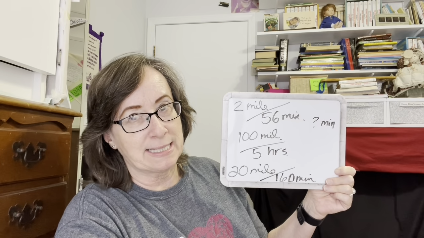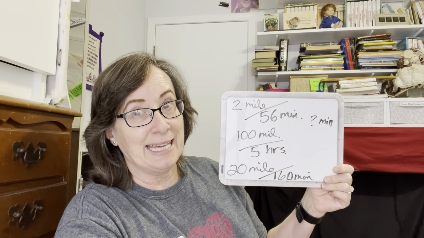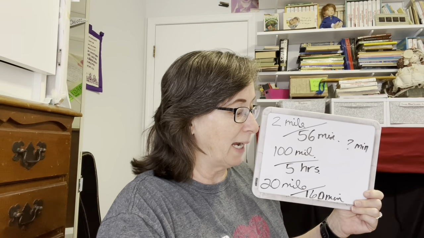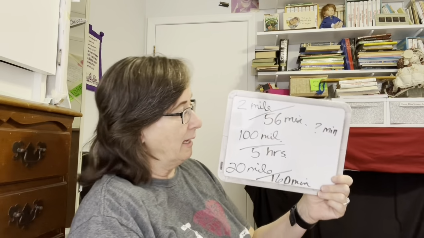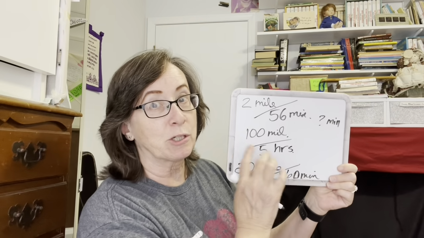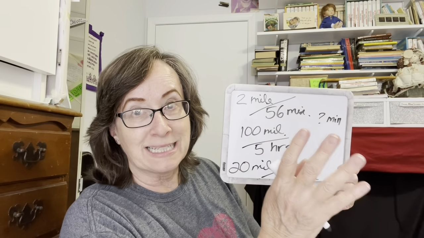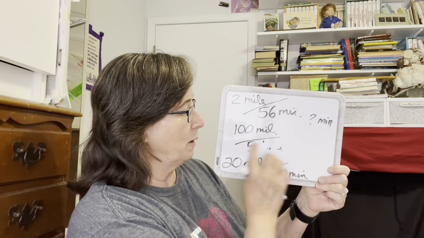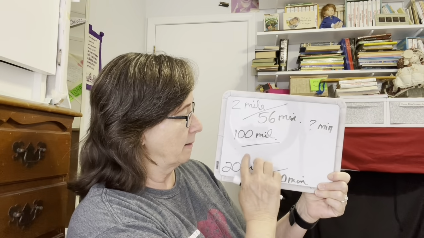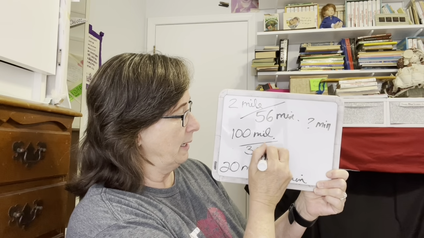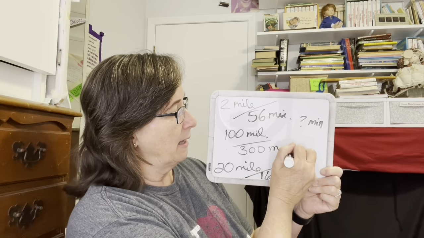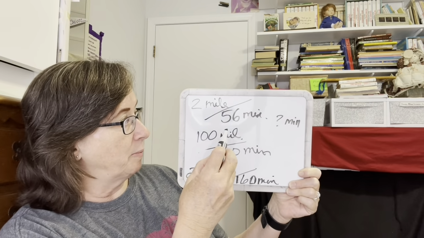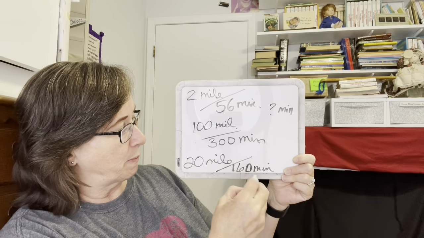So let's be consistent so that we can see where also he had the greatest speed. Okay, so we're going to change 5 hours. We know that there are 60 minutes in an hour. So 5 times 60 would be 300 minutes.